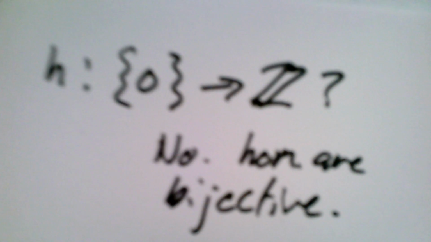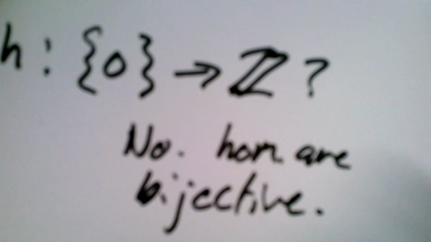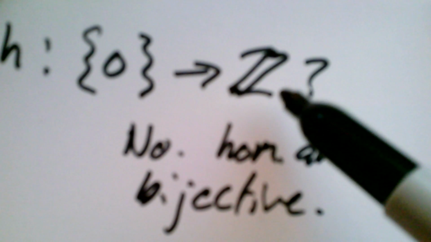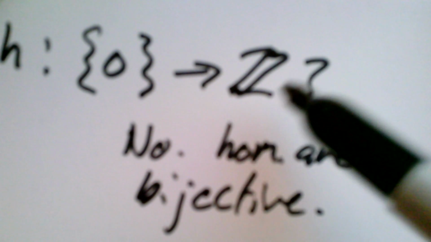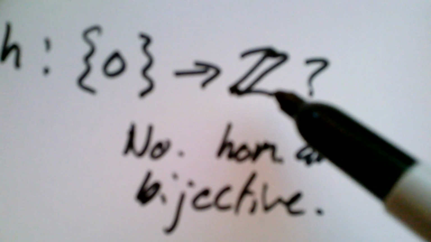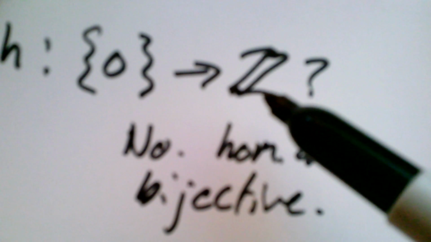Bijective means, of course, that your domain and codomain have the same cardinality, but this has a cardinality of 1. There's one element in it, and this has an infinite cardinality. So this has way more than one element in it. So these two sets, because they do not have the same cardinality, cannot be put in bijection with each other.